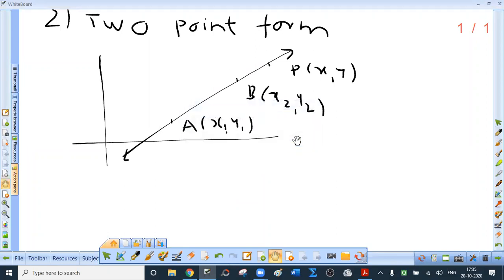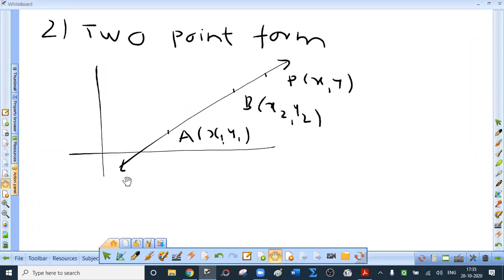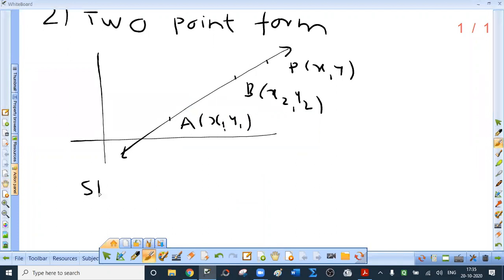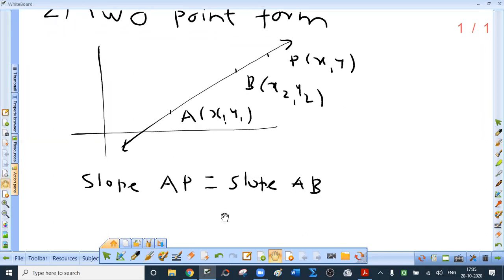Do you agree with me? The points A, B, P are collinear. So slope of line AP equals slope of line AB. Now what is the formula for slope?